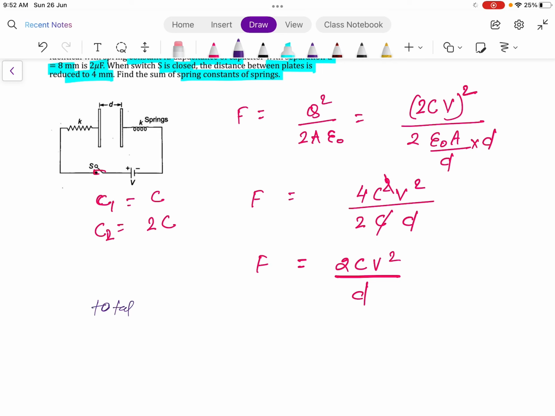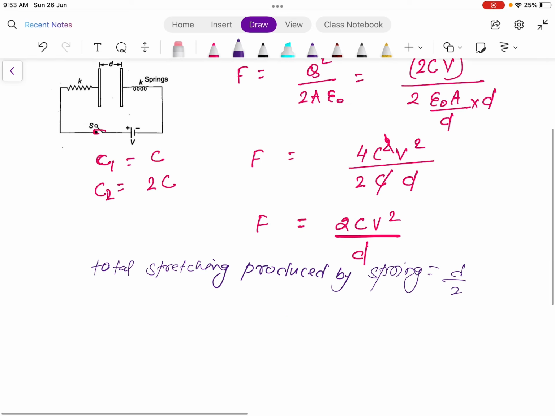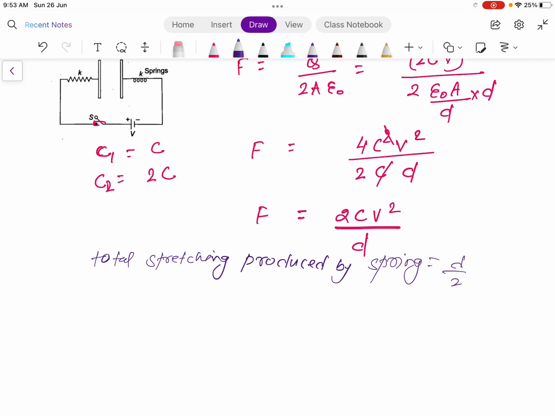Total stretching produced by the springs is equal to D by 2. For one spring, the stretching produced is equal to D by 4.